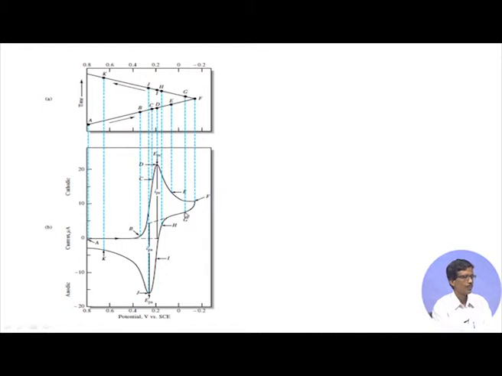One is G. When it is G, the time potential plot will give you the corresponding time, and the potential current plot G will come over here. Then you have H, I, J and then K. So, the whole cyclic process is completed and we get this particular plot, and how we extract the information out of this plot, that we will see.